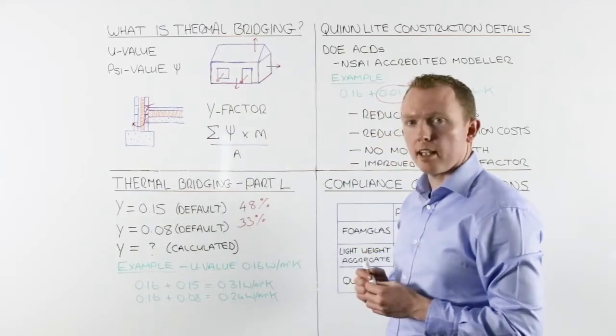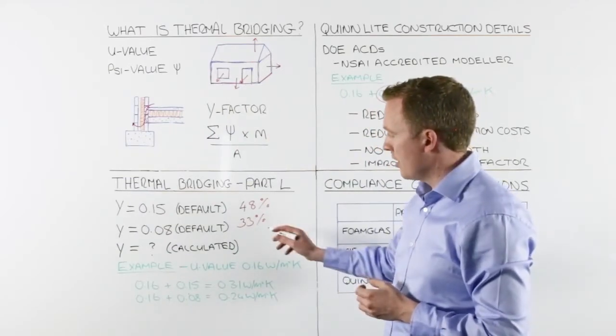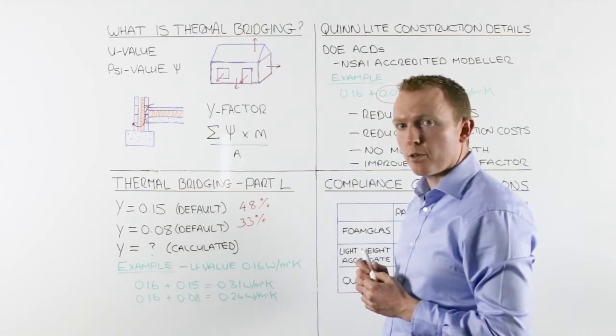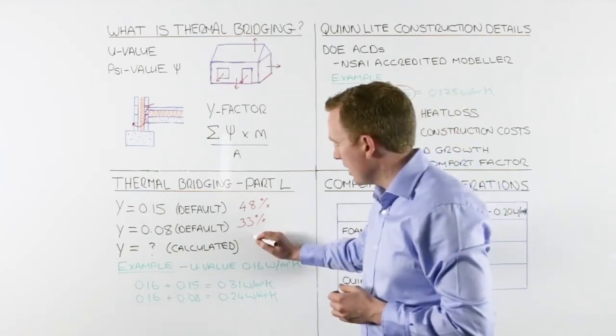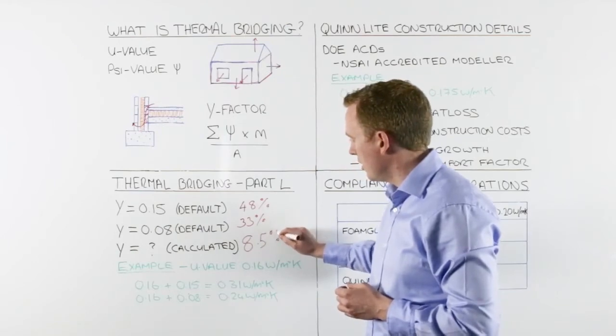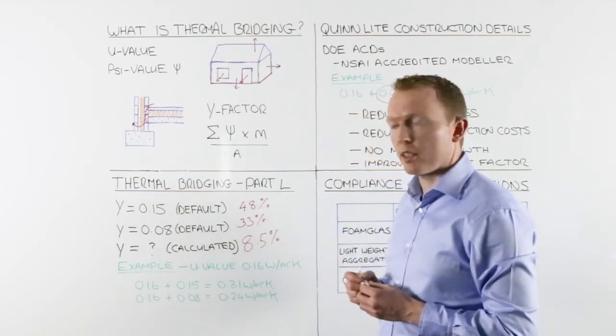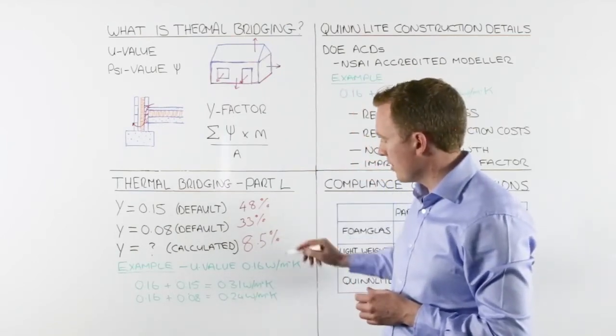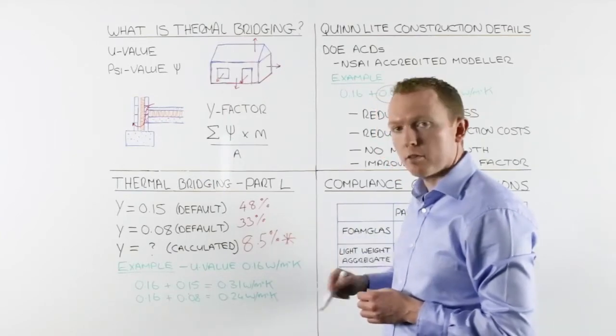So looking at that then, comparing it to our default values, the percentage heat loss using our Quinlite construction details is 8.5%, which is a significant improvement on the 2 default values, and this is the method which we should be using.